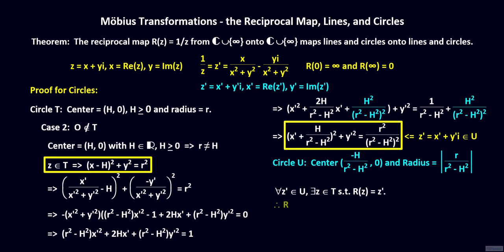Therefore, the reciprocal map is surjective from circle T onto circle U.